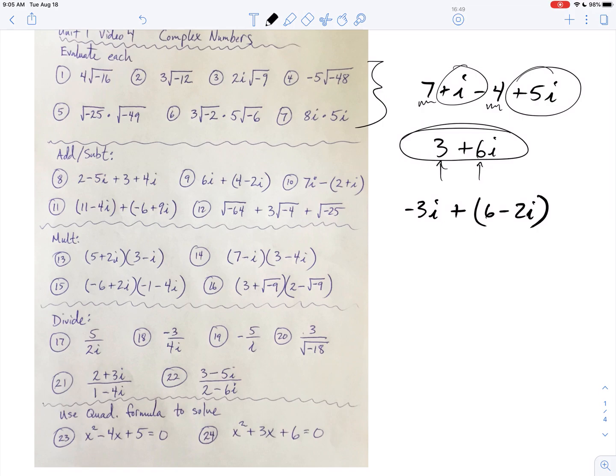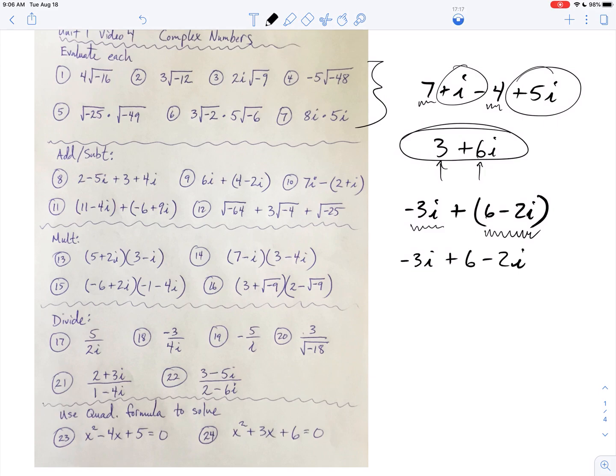Here's the reason. Technically, a plus bi form, that is one number. So customarily in the books, they put these in parentheses to represent, here is a number over here, you're going to add it with this other number. But you know what? There's nothing outside those parentheses. You're adding stuff, so you can simply ignore them.